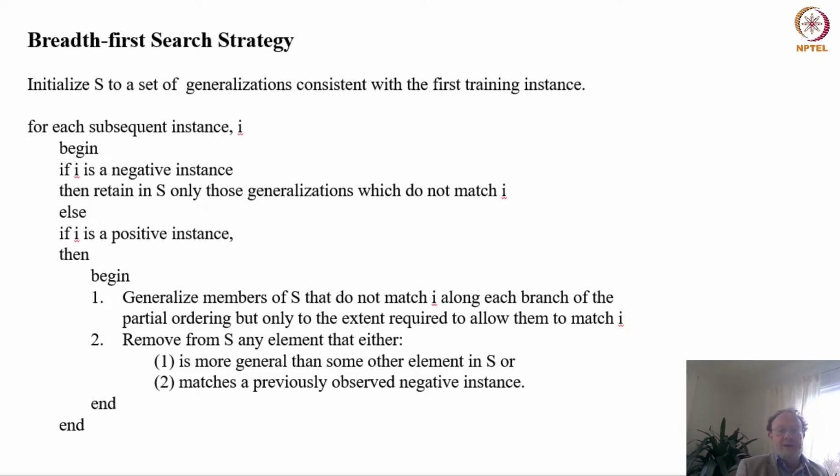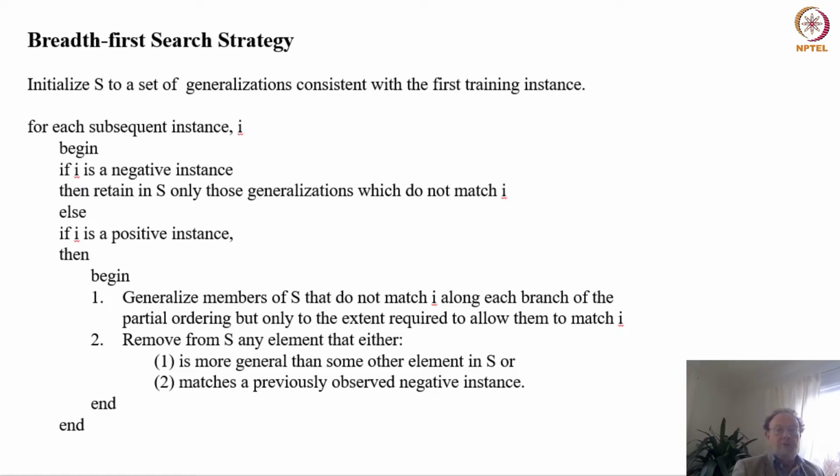After that, we also have to revisit S and see that if there is a more general element of S than the newly created one, then we should remove that element.